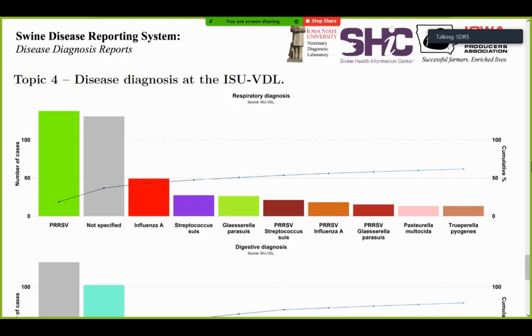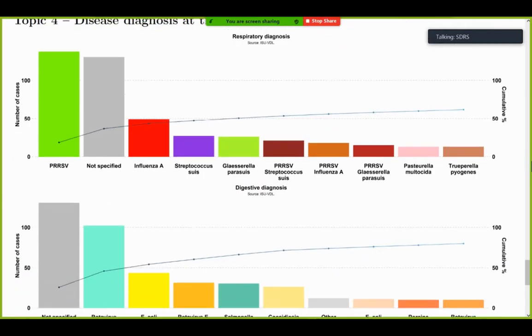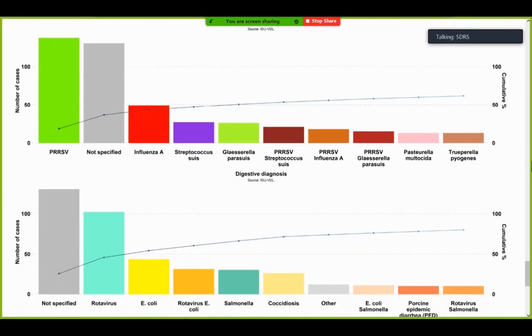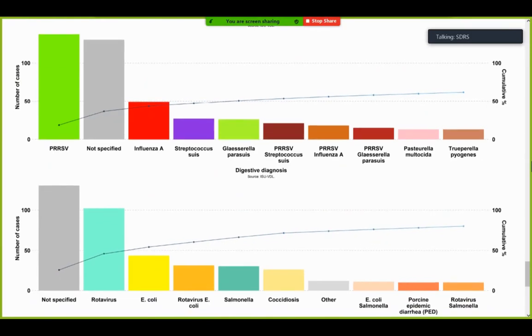That's beyond just PCR detection. The diagnostician comes up with a conclusion based on the tissues and all the other tests that were done, and will conclude that was a PRRS case, that was a mycoplasma case, or whatever else. So Giovanni, what are the take-homes for this disease diagnosis page this month?